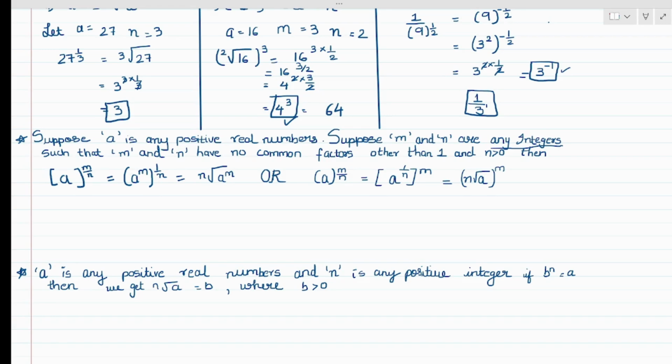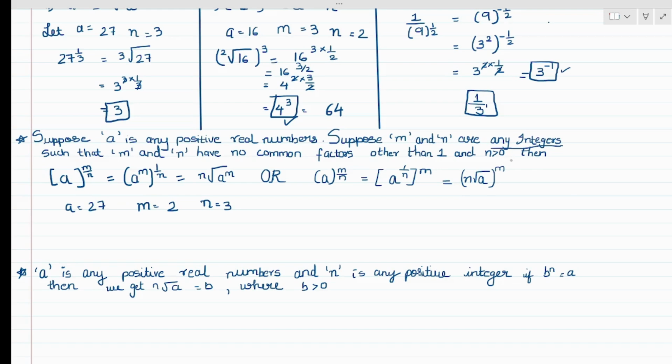Let's take example 1, where I take my a as 27, and I take my value of m as 2 and my n as 3. I need to take integers.